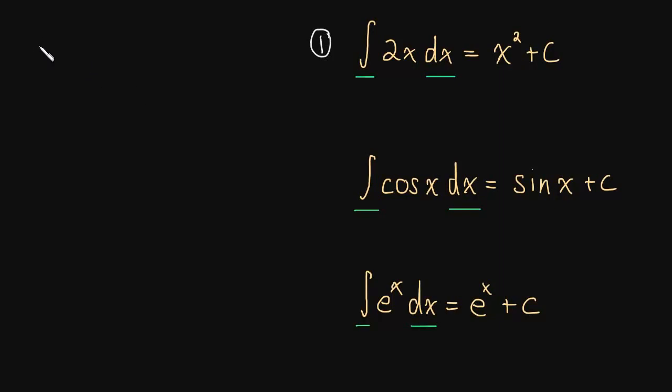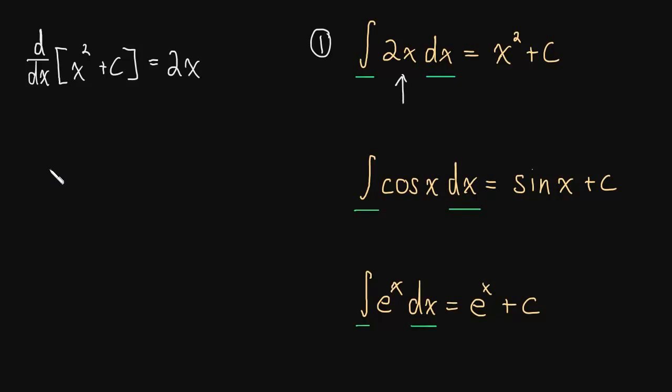We can always check by taking the derivative of our antiderivative. We take the derivative of x squared plus c. We should definitely get exactly 2x, and that's exactly what happens. The derivative of x squared is 2x, the derivative of c is 0, so this is 2x plus 0, or just 2x.